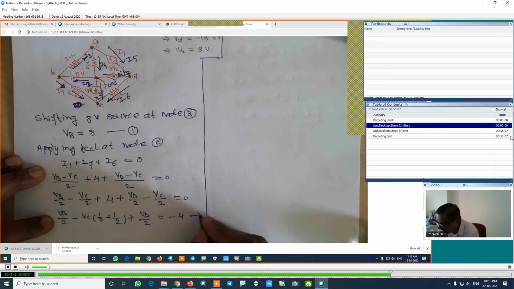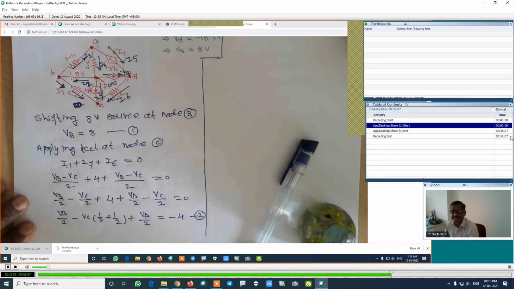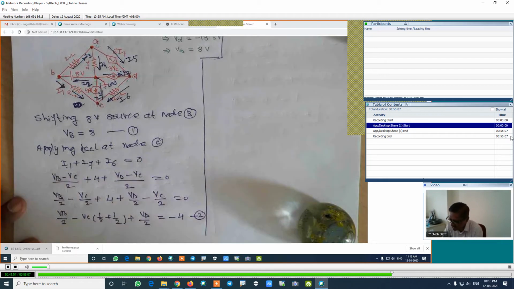And I guess this is equation number 2. Check the equation number 2. Check the equation. Otherwise, I will take its value from your side. This will be 0.5 VB minus, this is 1 by 2 plus 0.5, which is nothing but VC, plus 0.5 VD, which is equal to minus 4.